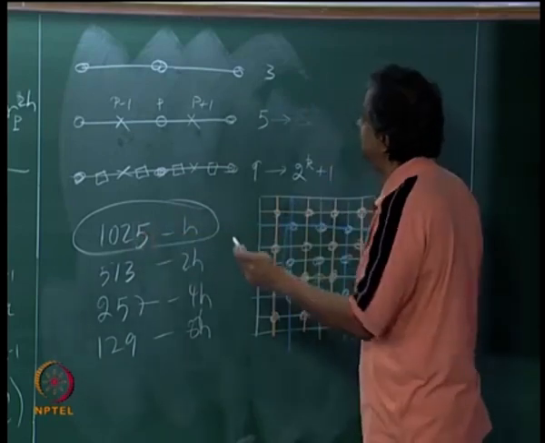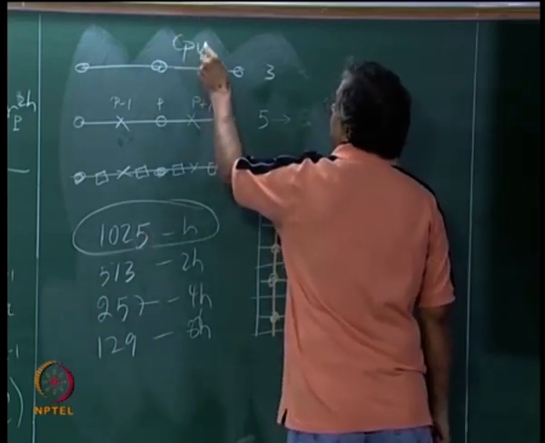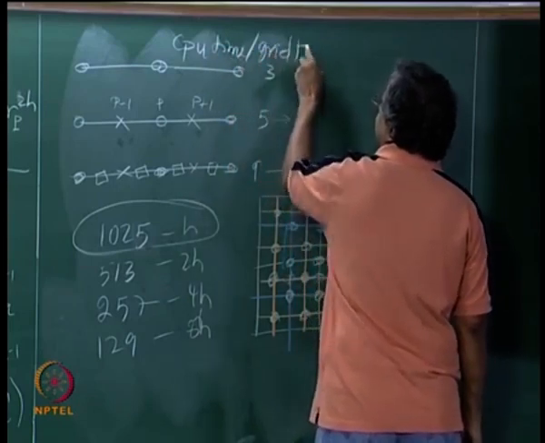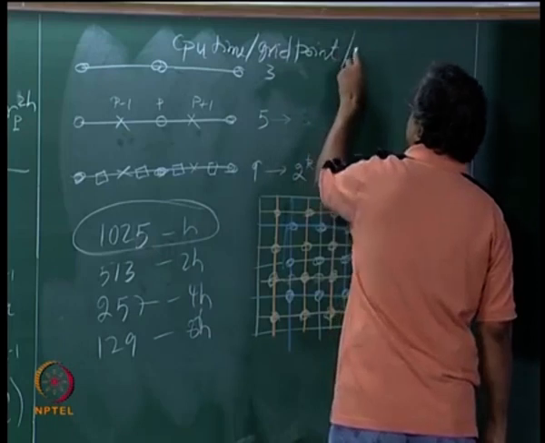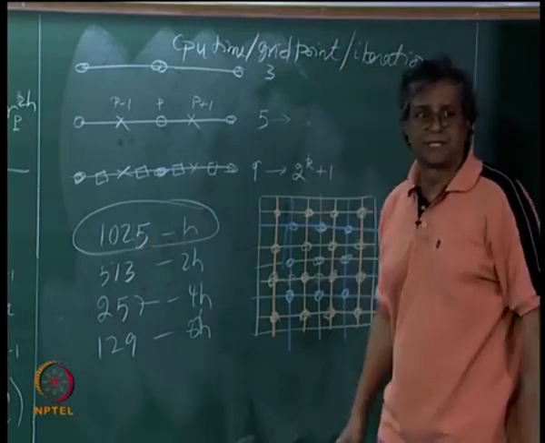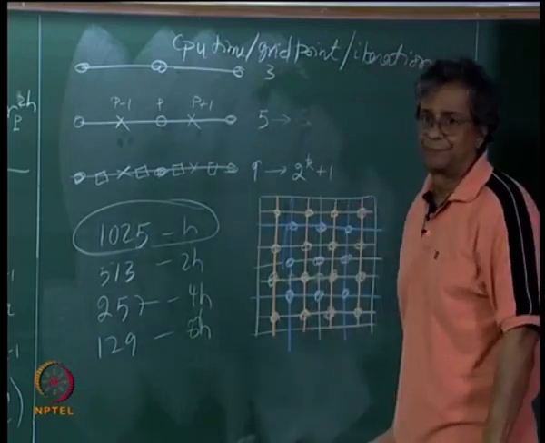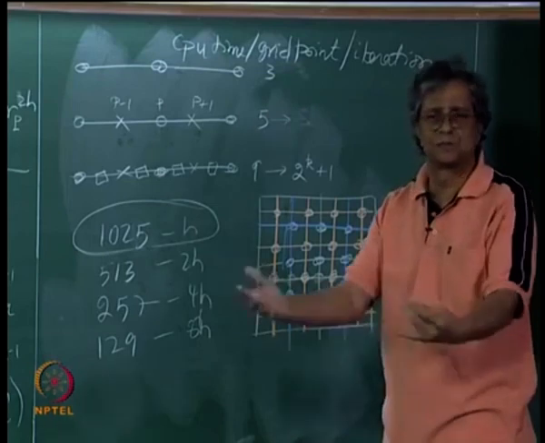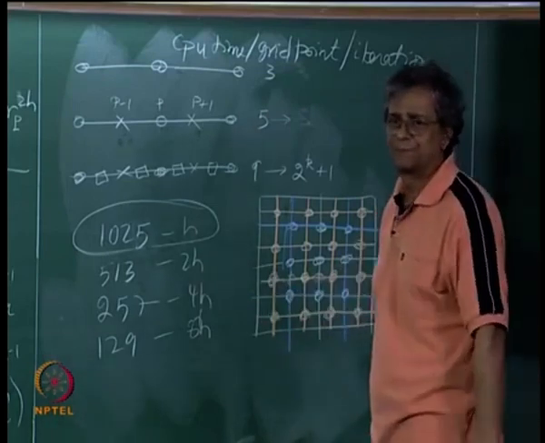I told you to find CPU time per grid point per iteration or per time step, okay, CPU time per grid point or per iteration or per time step, that gives you a measure of your program, what it is up to.